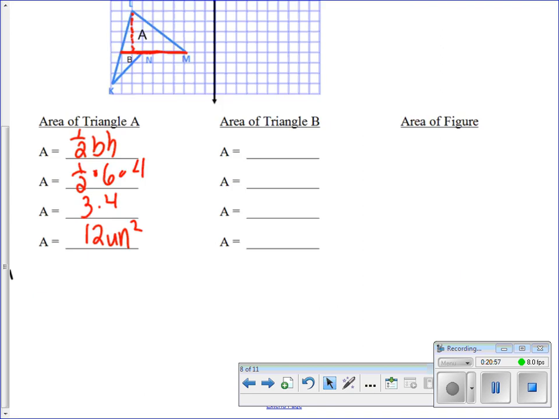Now shape B. I cannot draw an internal height for shape B, so I'm going to come out here and do an external height for shape B. So we have 1/2 base times height. What is my base of B?